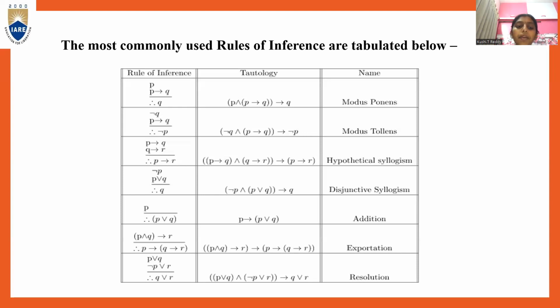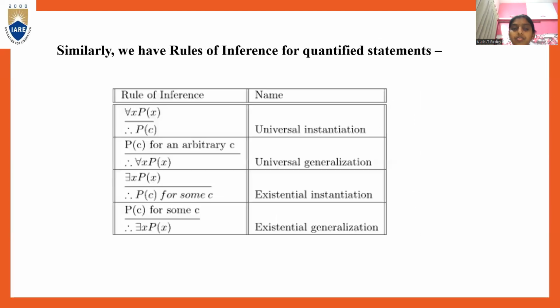Here P and Q implies R is equivalent to P implies Q implies R. Next is resolution. Resolution is P or Q, comma negation P or R, gives you Q or R. So these are some of the rules of inference: modus ponens, modus tollens, hypothetical syllogism, disjunctive syllogism, addition, exportation, and resolution.